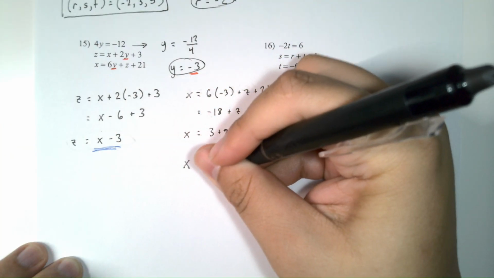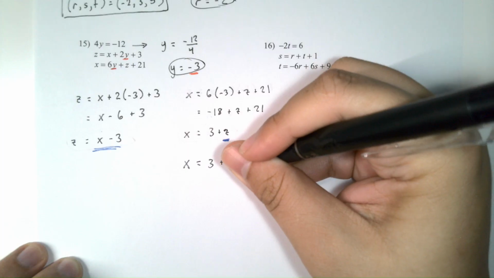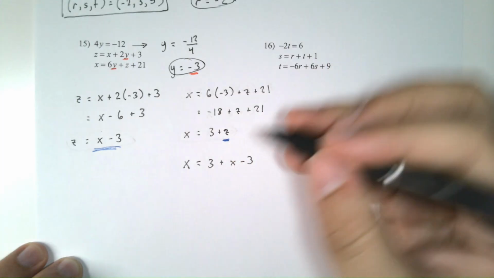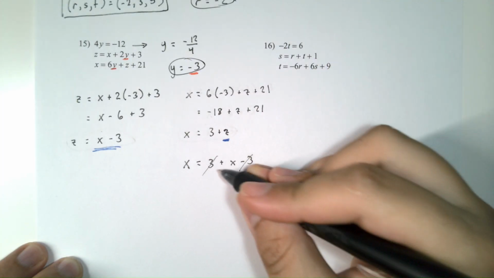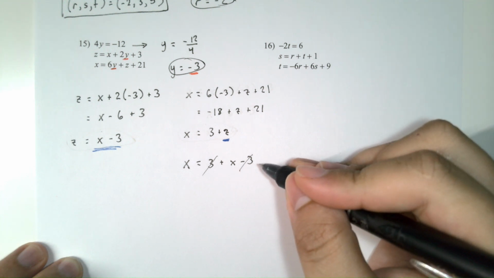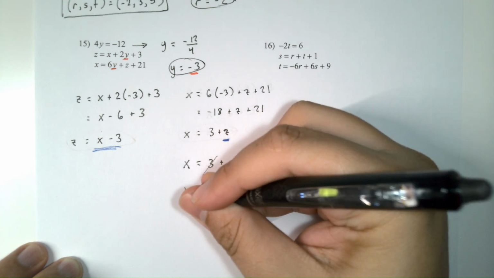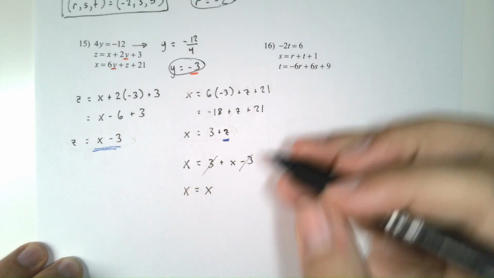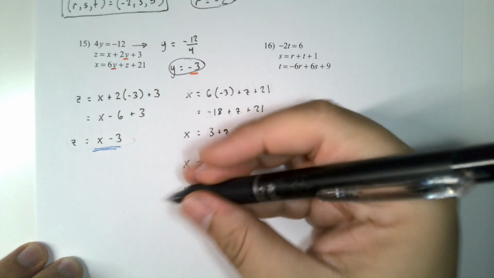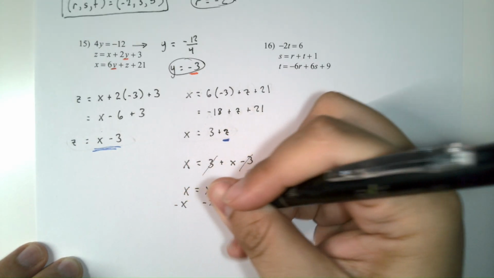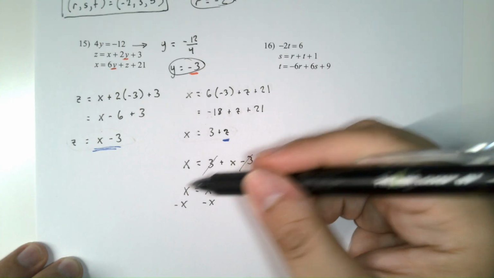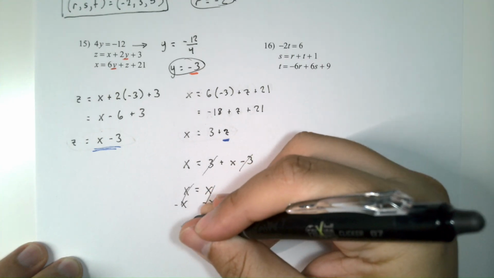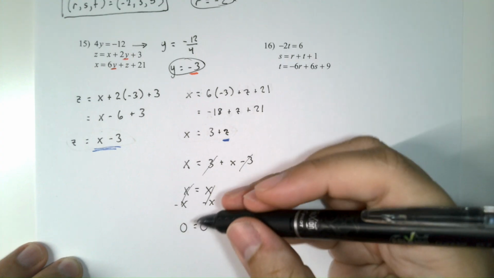We get x is equal to 3 plus x minus 3. 3 minus 3 is just 0, and that leaves us with x is equal to x. Now you can try to subtract x from both sides, trying to move this one over to the other side, but all you're going to end up with is 0 is equal to 0.